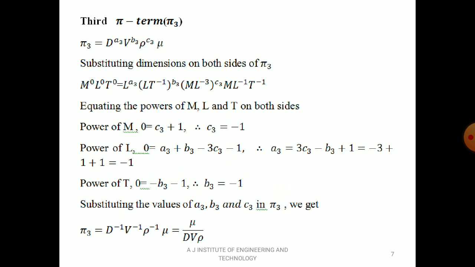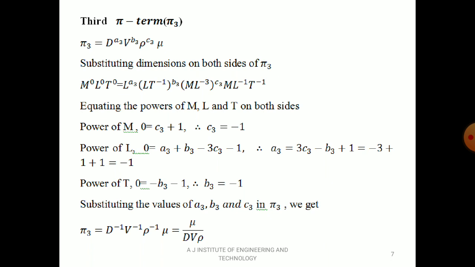Next, the third pi term, represented by pi 3. So pi 3 equals d to the power a3, v to the power b3, rho to the power c3 into mu. Writing the dimensions on both sides of pi 3, we get m to the power 0, l to the power 0, t to the power 0, that is equal to l to the power a3, l t to the power minus 1 to the power b3, m l to the power minus 3 to the power c3 into m l to the power minus 1 t to the power minus 1, as the dimension for mu is m l to the power minus 1 t to the power minus 1.